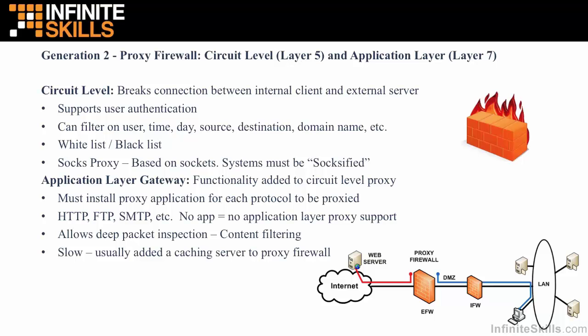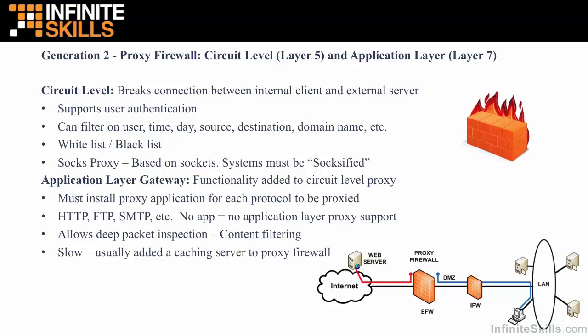So the application layer proxy firewall, also called an application layer gateway, could do all the things that the circuit level proxy did, including authentication, computer name, source and destination, filtering, IP, port number, direction, domain name, whitelist, blacklist, now content filtering and caching.